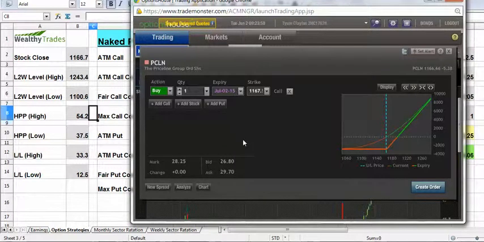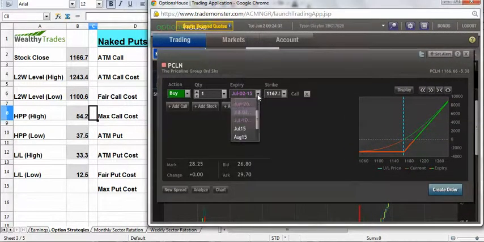Unfortunately, I don't have a June 30th expiration, so the closest one I can get is July 2nd. So in this example, I'm going to use the July 2nd expiration. You might be wondering, why don't I use the June 26th expiration, which gives me just a couple days less than the monthly expiration would give me?